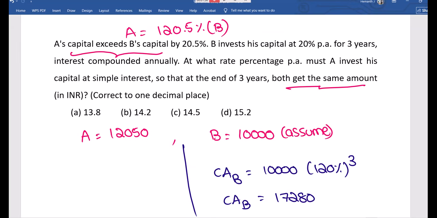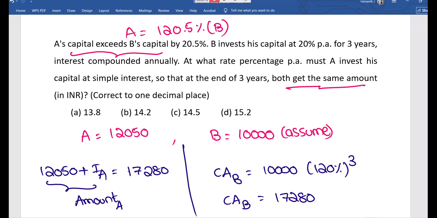Now 12,050 plus the interest of A must be equal to 17,280. Amount of A and amount of B must be equal. The amount of B I already got is 17,280. I am giving this approach only because the calculator is allowed in TCS. Else we will do it in a different way.